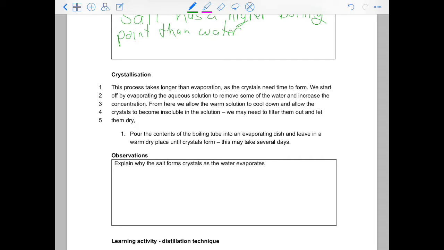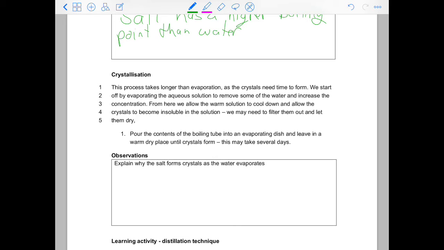So, something we would try to do if we were in class, but would be very hard to do at home, is crystallization. Most of the time, if you just let it evaporate, you would end up with just a thin layer of salt along the bottom and it would be very powdery. However, if you were to heat it up first for a bit and leave it in a special evaporating dish, you would be able to get crystals.